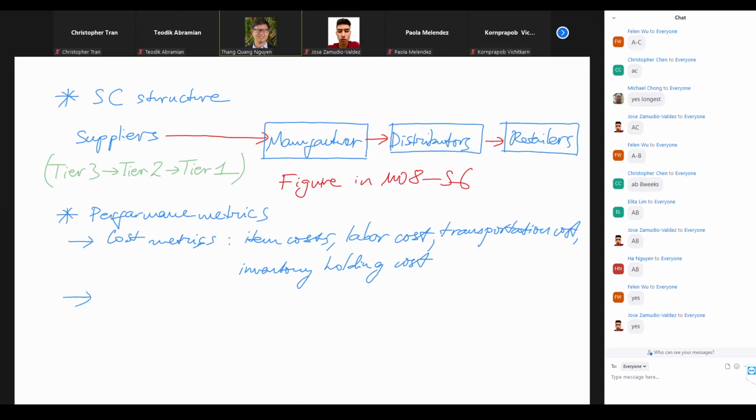And then the second group is called the service metrics. These are also important to our operations. For example, the lead time. The lead time is a time gap between the order point and the receipt point.